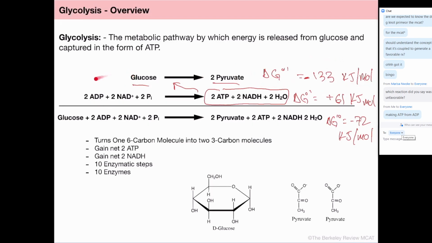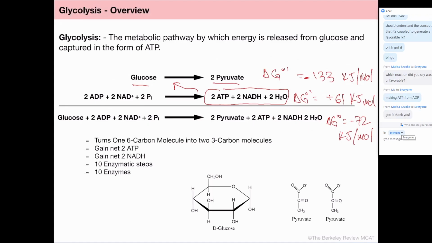And so if you couple these reactions together, which is what glycolysis is, you get this overall reaction of glucose plus ADP plus NAD plus your phosphates, generating 2 pyruvates, a net gain of 2 ATPs, a net gain of 2 NADHs, and some water, right? Okay.